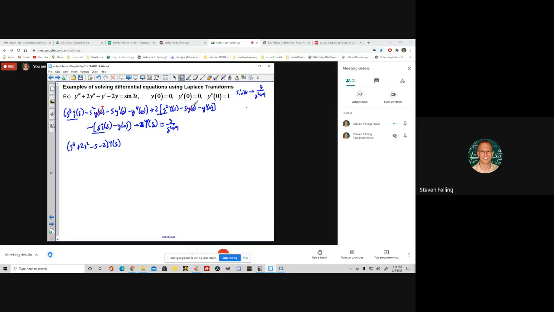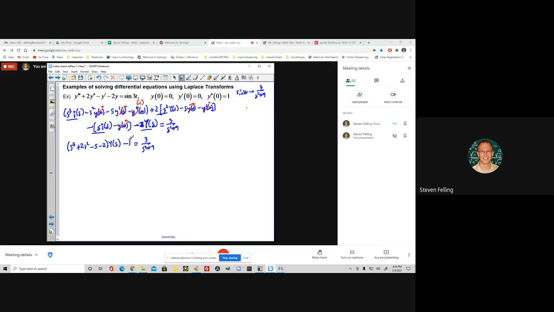And y prime of 0 is also 0, so these are 0. And then y double prime of 0 is 1, so this one right here becomes a 1. I've already accounted for the minus 1. These all canceled. So we've got all of that equals 3 over s squared plus 9.